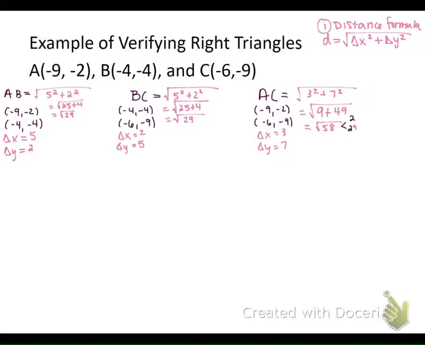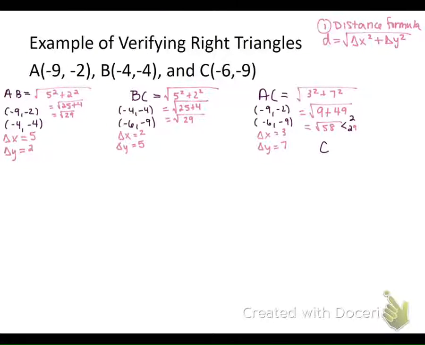So just a really quick note here. If you can simplify any of your radicals, you need to. But to determine which side is your hypotenuse, look back at the before simplified radical. And just look at the numbers. So we have a 29, 29, and a 58. Which one is the biggest one? 58. So this is my C value when I go to check it.